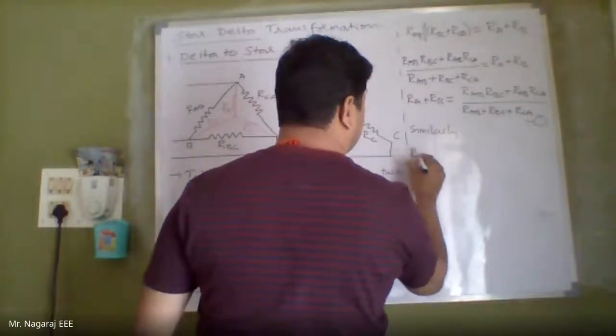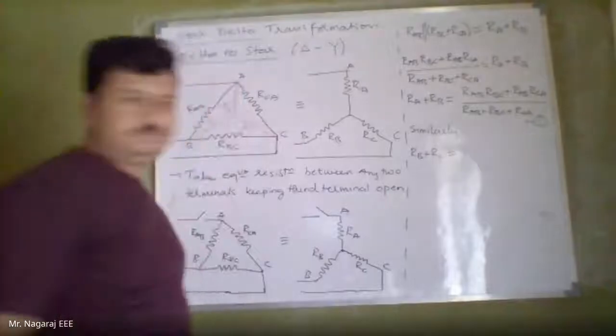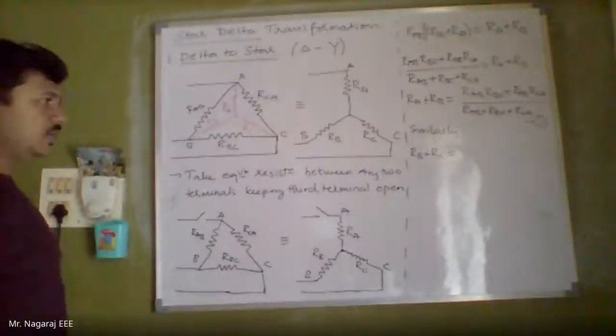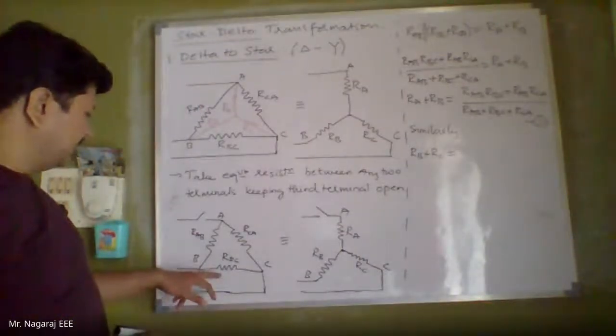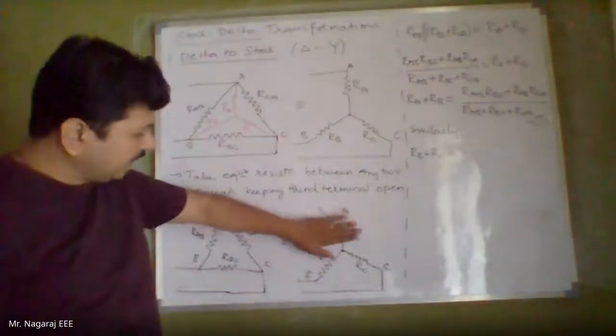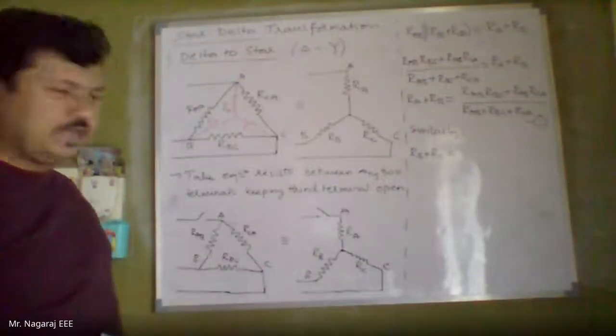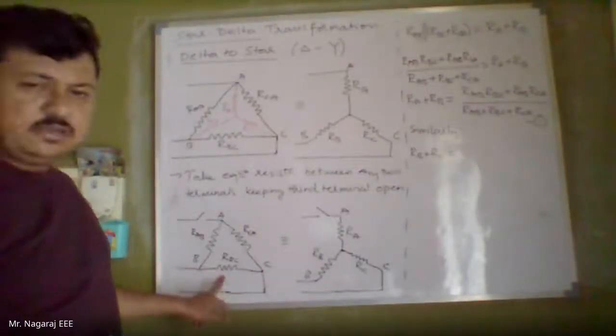Similarly, RB plus RC is equal to, because if I take RA open, RAB and RCA are in series and RBC is in parallel.